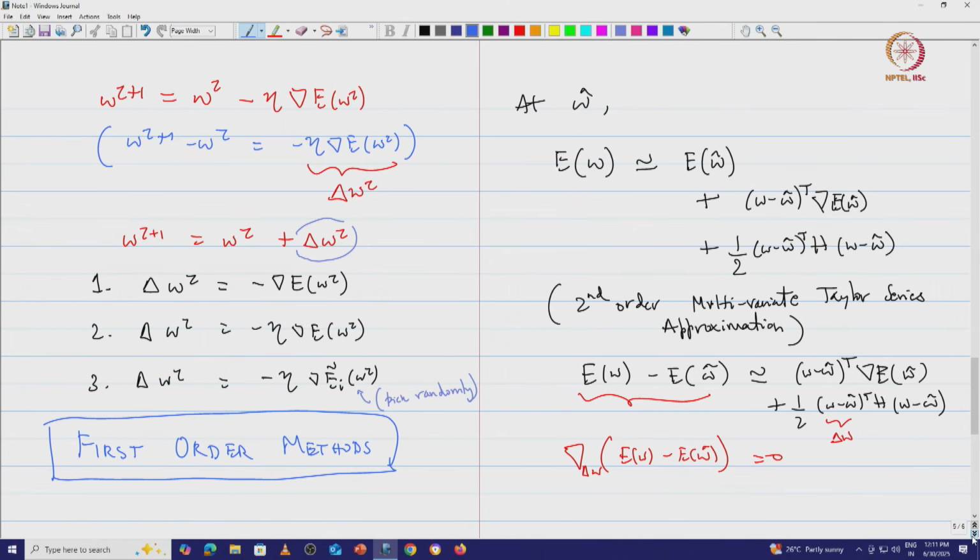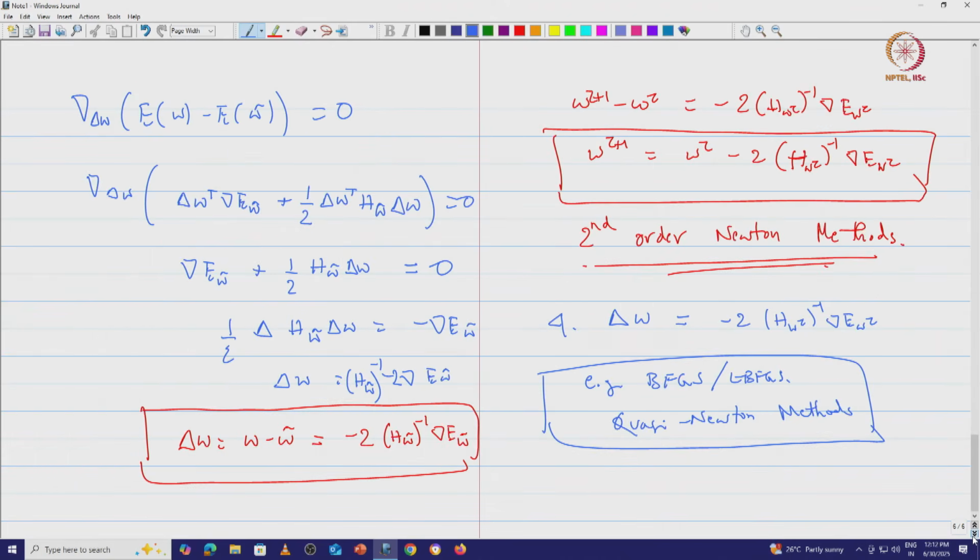We arrived at the iterative step by taking the gradient of the second order Taylor series approximation at omega hat, and then we arrived at a particular step size, which was also taking information from the Hessian at that point.